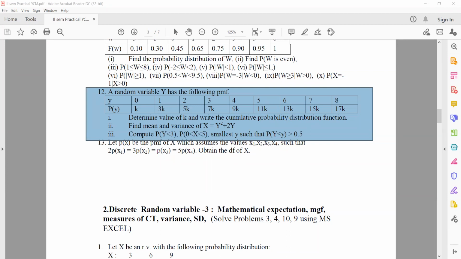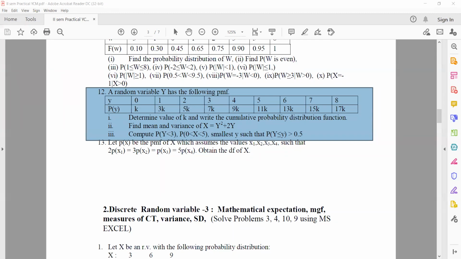Next, find the mean and variance of X is equal to Y squared plus 2Y. So there are two ways of solving. Now, since we are already familiar with the concept of mean, actually the next practical question came early. So mean is nothing but E of X, but here X is equal to.